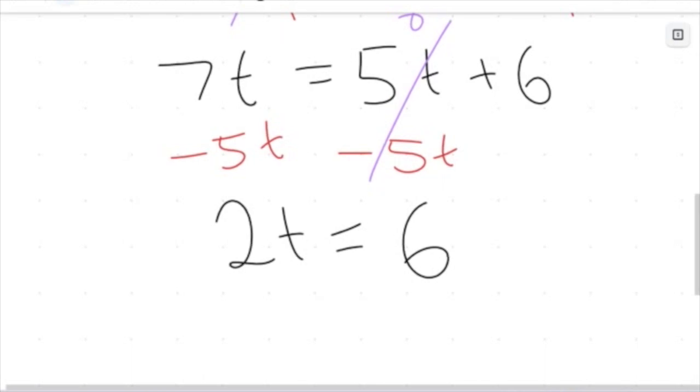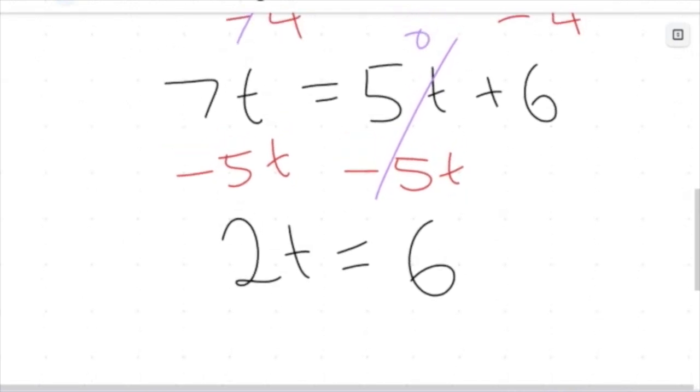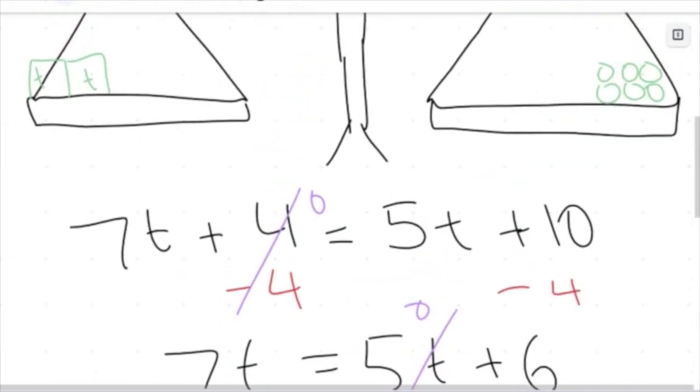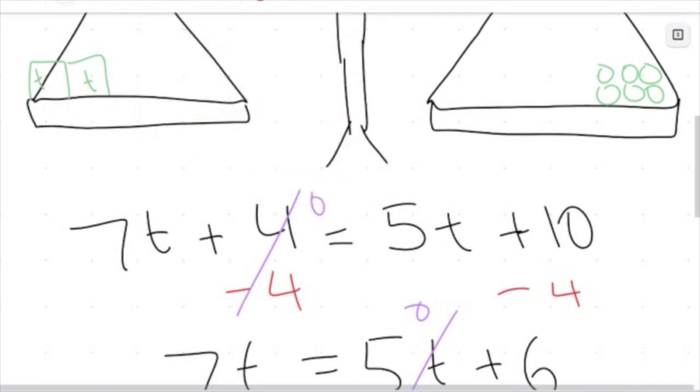And now I want to figure out how many marbles are in the 2 boxes. In other words, I have 2 lots of this set of marbles. What number multiplies by 2 to give me 6? I can figure that out by doing the opposite operation, dividing my group on the right into 2 groups.